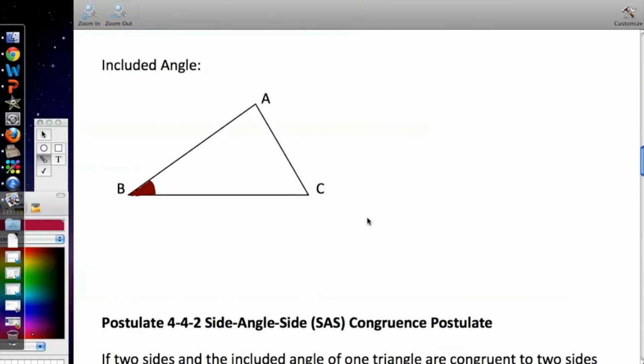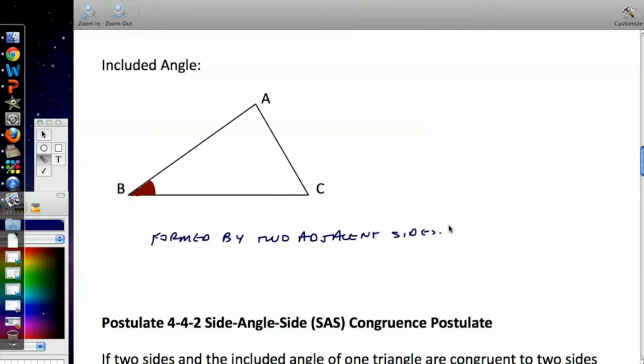The next concept we need to explore is the concept of the included angle. Now, an included angle is formed by two adjacent sides. Okay?